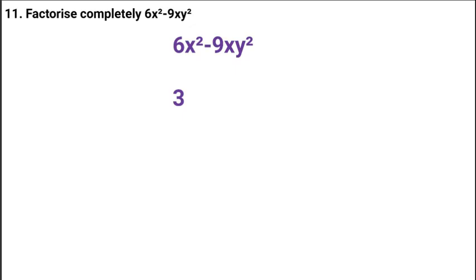Once I've done that, the next thing is to ask myself which letter is found in both the first term and the second term. You can see that x is found in both, so I'm going to write x there. Is there any other letter found in both? No. Let me come back to x. Why have I written x?